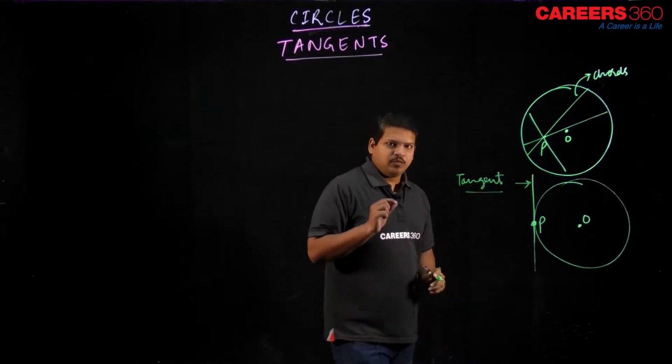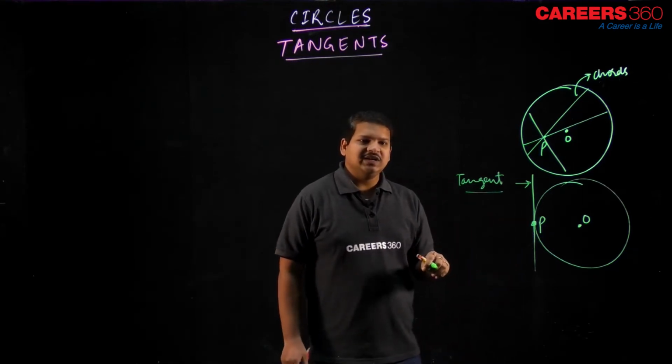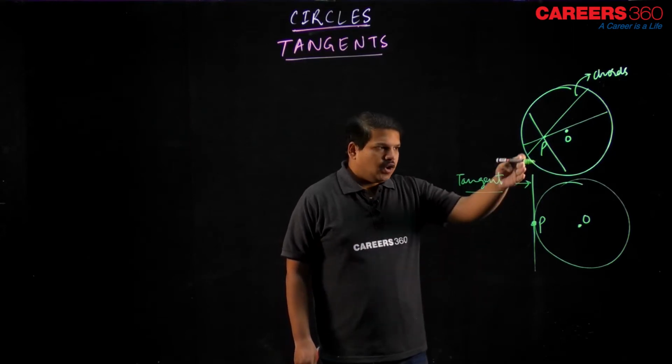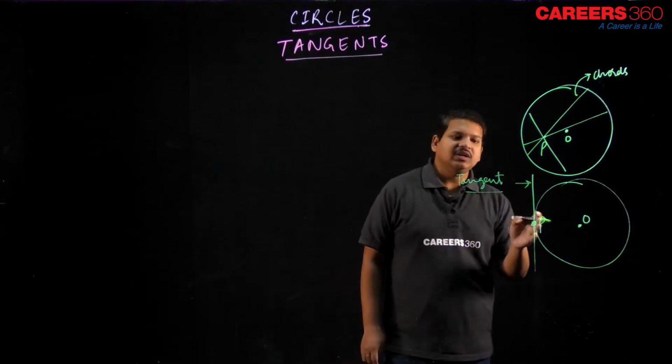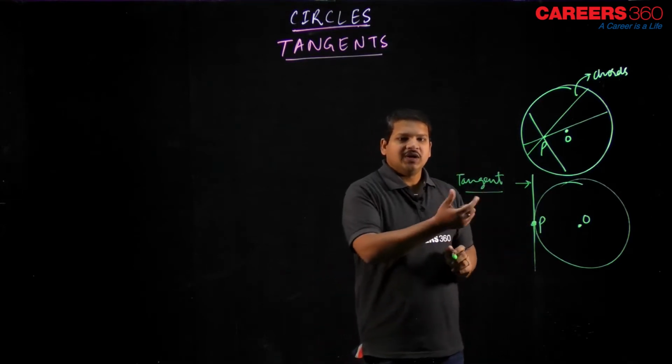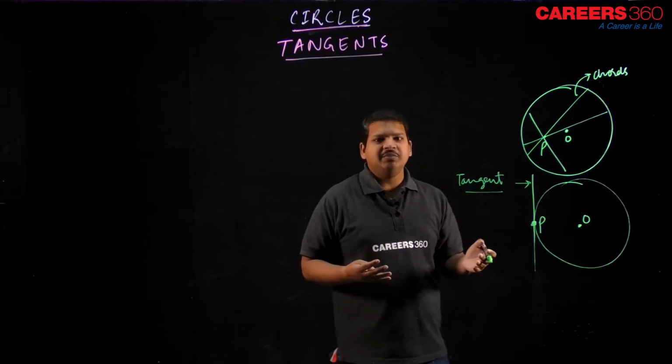So if a point lies on the circle, then we can draw one straight line just touching the circle, and that line will be known as a tangent. Now you must be wondering how many tangents can be drawn.